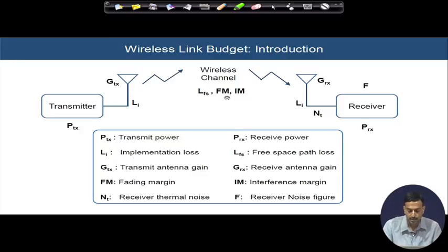Other considerations include what is called a fading margin FM and the interference margin IM. So these are all basically loss factors along with implementation loss.